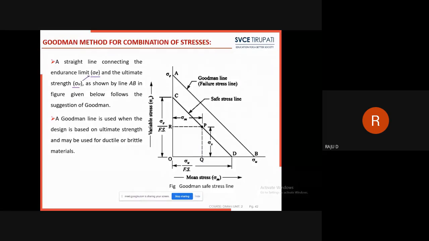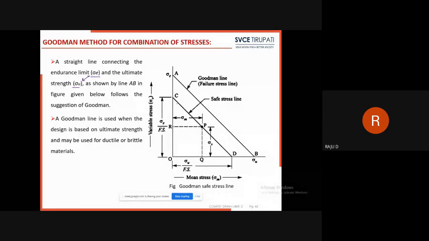The theorem mainly explains the relation between sigma E and sigma U. That's why on our x-axis we take sigma U by factor of safety as the distance from point O to point D. This sigma U is the point on the x-axis, sigma E is the point on the y-axis. On the x-axis is the mean stress value, and on the y-axis is the variable stress value.